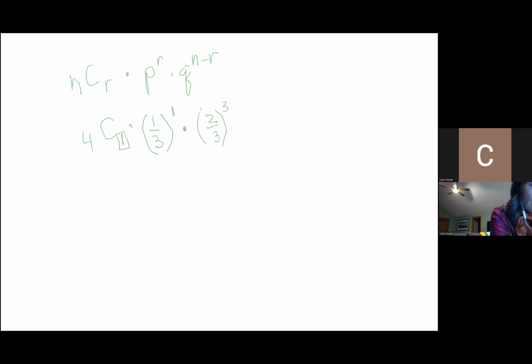So this is counting the number of ways I can get one right out of 4 questions. And this is the probability of getting one right out of 4 questions. Probability of getting one right implies I'm getting 3 wrong. So I have to do that.